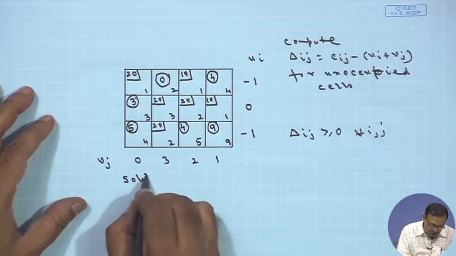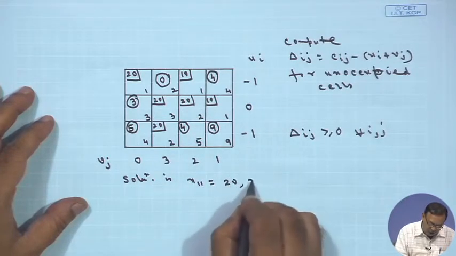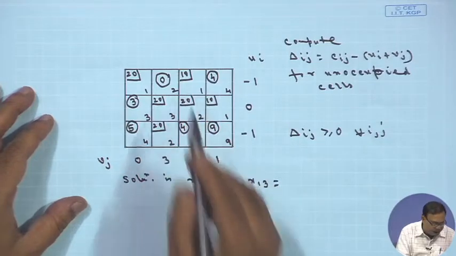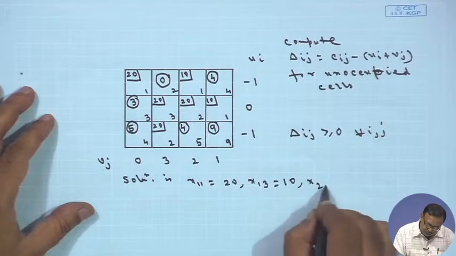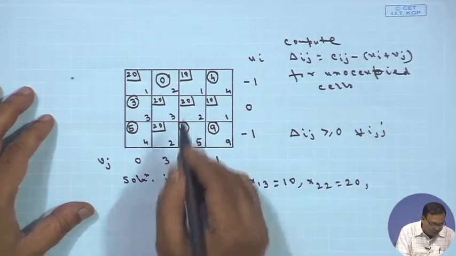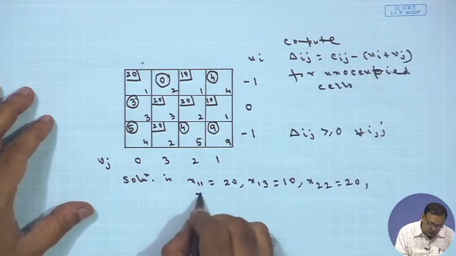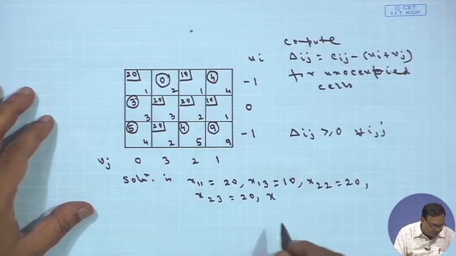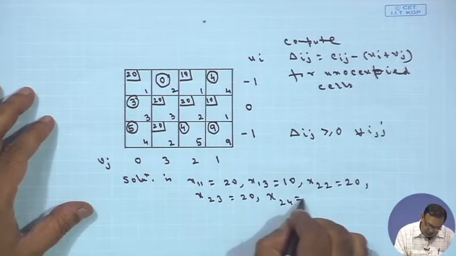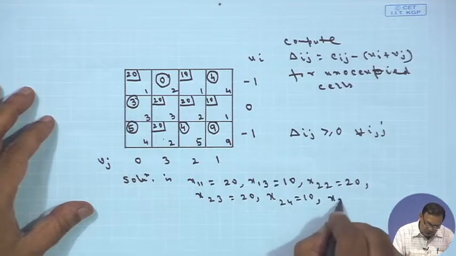So, your solution is x11 equals 20, x13 equals 10, x22 equals 20, x23 equals 20, x24 equals 10 and x32 equals 20.